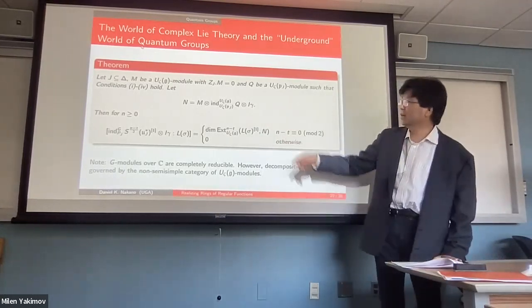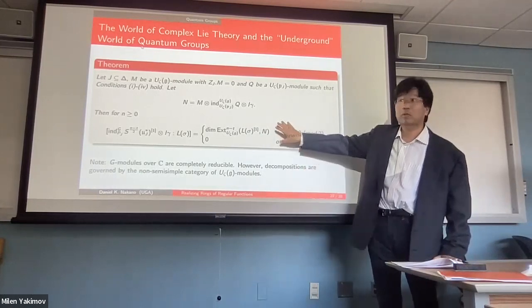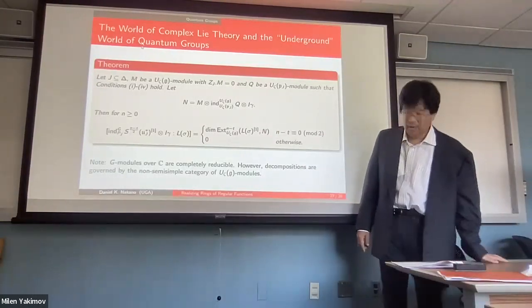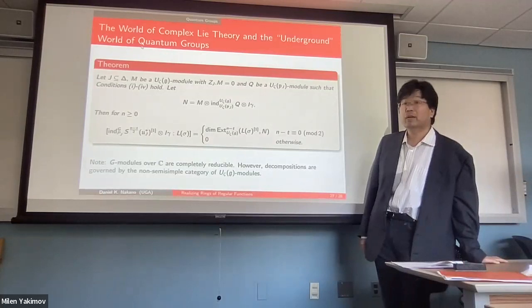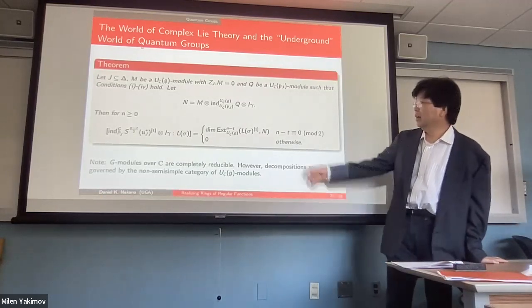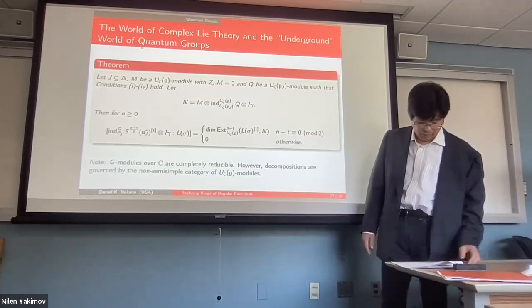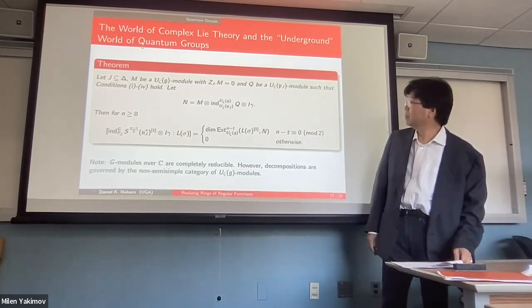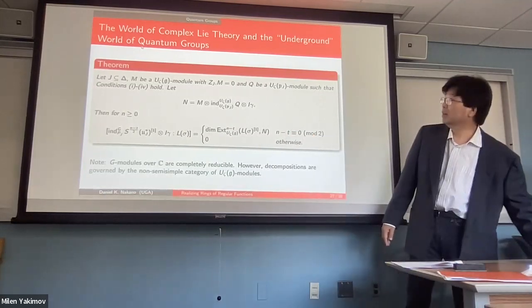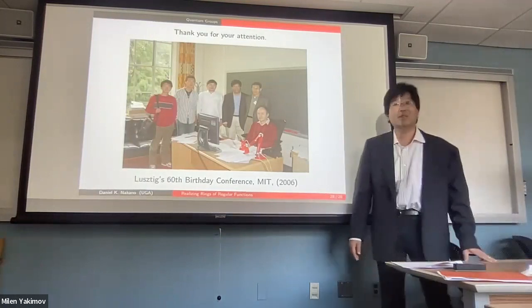Whenever you're doing these kinds of computations, there's a quantum group behind this, which is telling you something about composition multiplicities. And I don't think this has been exploited that fully yet. It would be really interesting to make these connections between the complex Lie theory world and the derived world involving quantum groups. Okay, so that's where I want to stop the talk. And again, thank you for your attention.